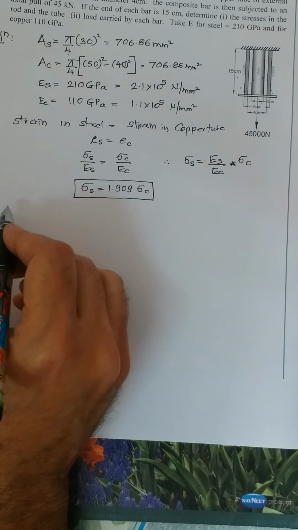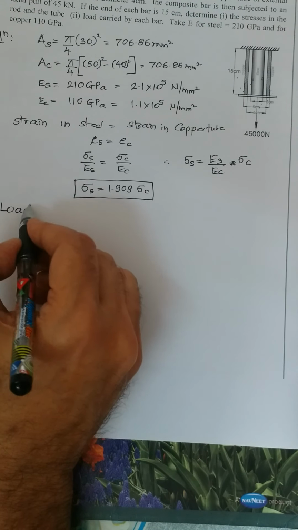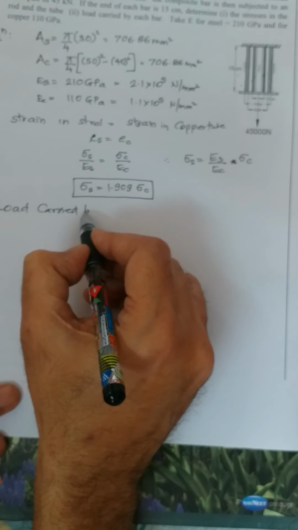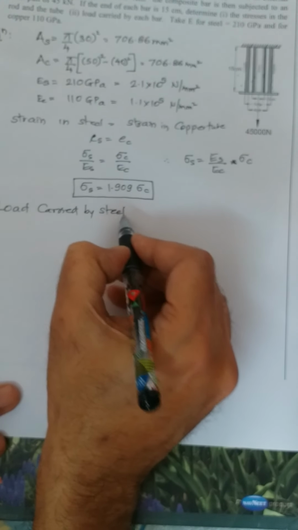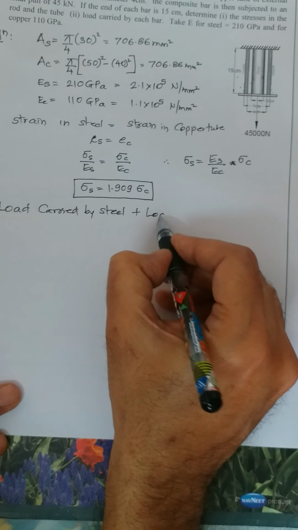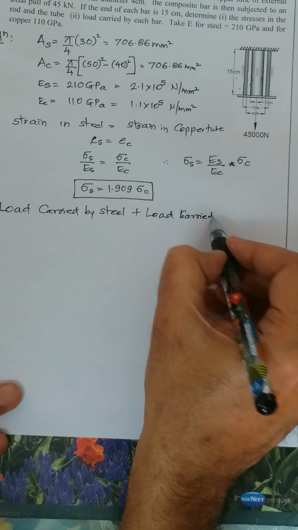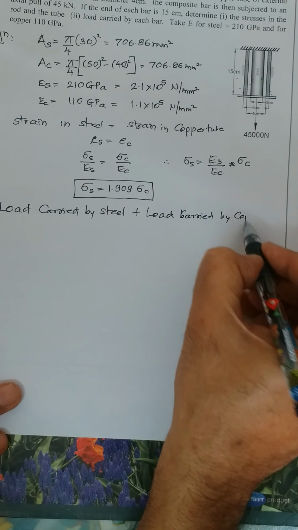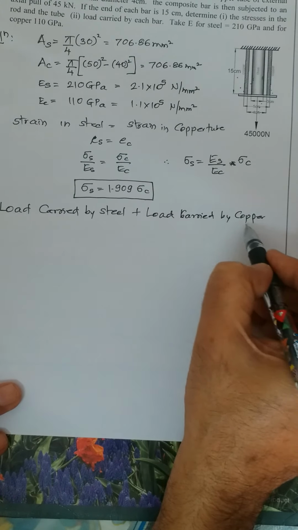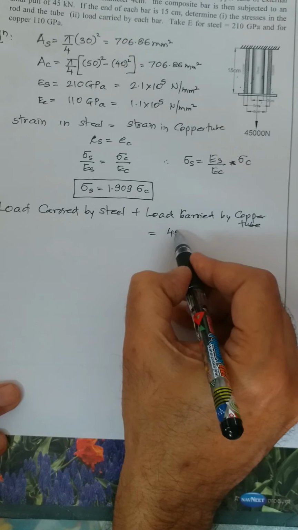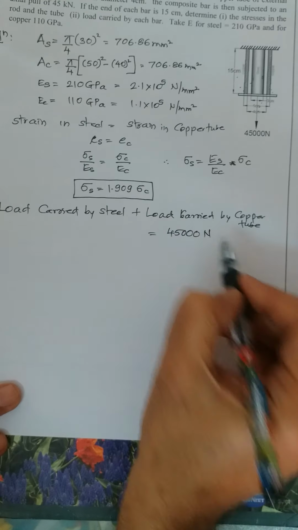Then load carried by steel rod plus load carried by copper tube is equal to the total load, that is 45,000 Newton.